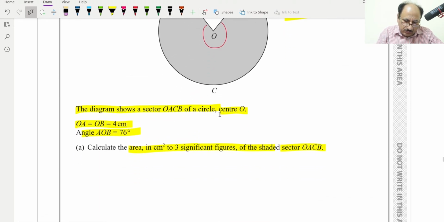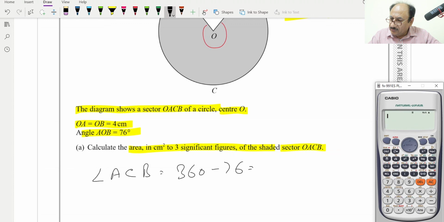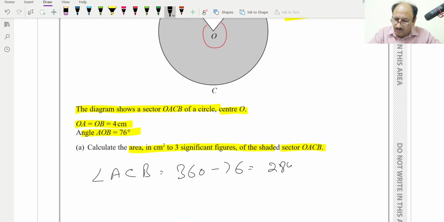So angle ACB will be equal to 360 minus 76, and this will be 284 degrees.